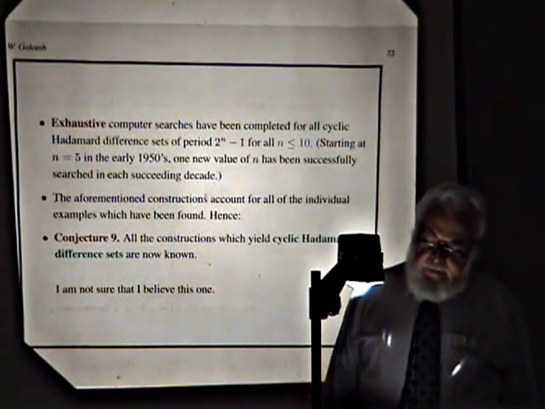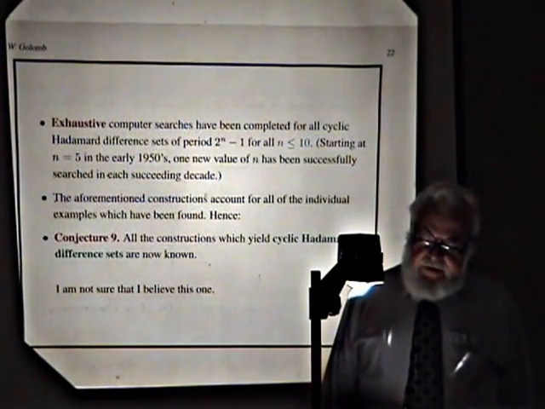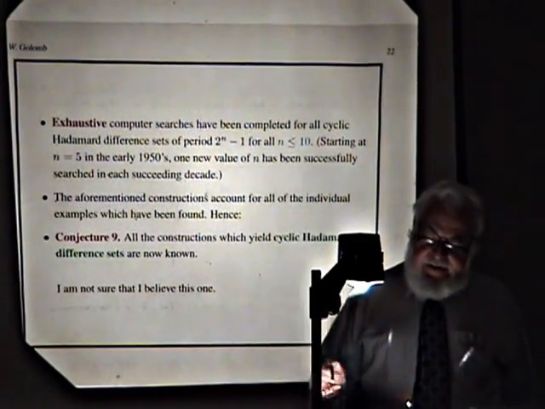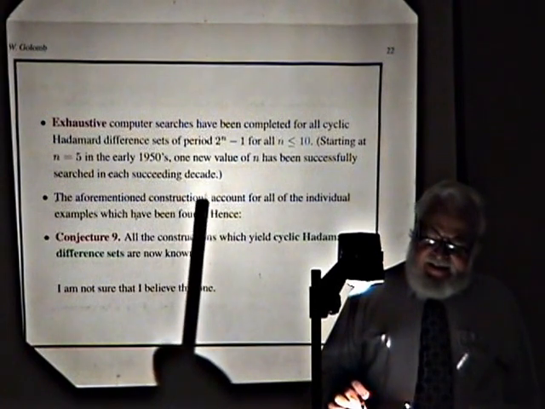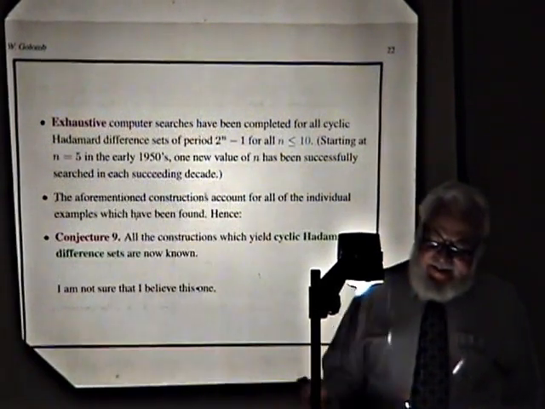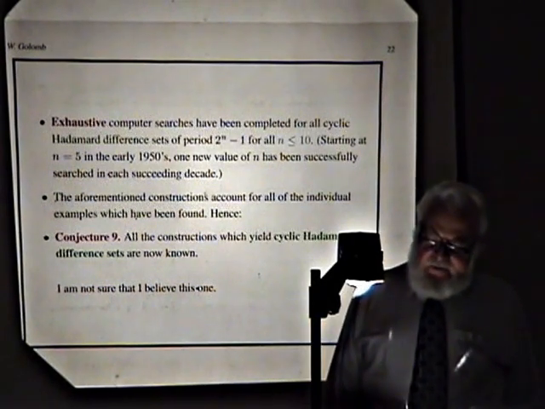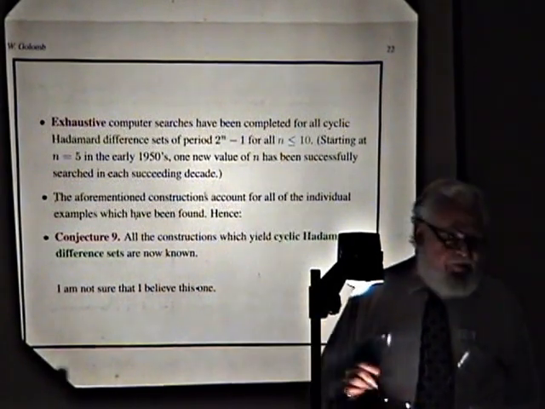The n = 10 case was really done by my doctoral student, Peter Golomb, nearly 10 years ago. So if this succeeding decade process holds up, maybe it's nearly time for someone to be able to search n equals 11.